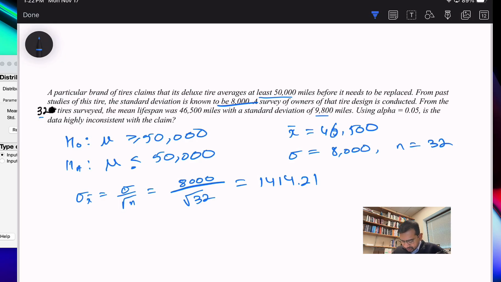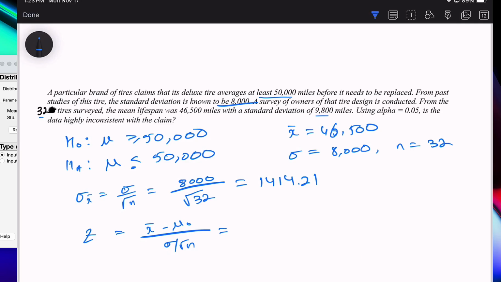Next, we will construct our test statistic. Again, because we know the population standard deviation, we will conduct a z-test. So our test statistic is our sample mean minus our postulated population value, divided by the standard error of the sample mean. We can now put in our values.